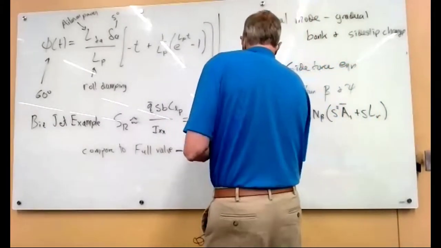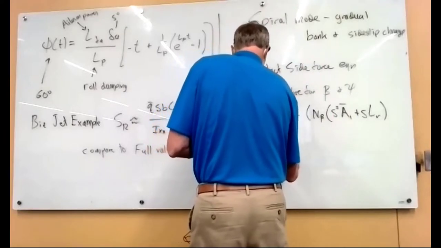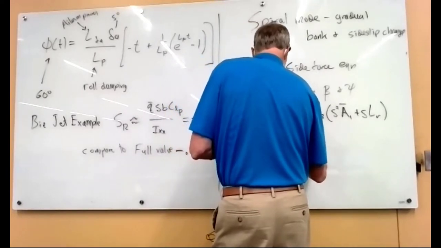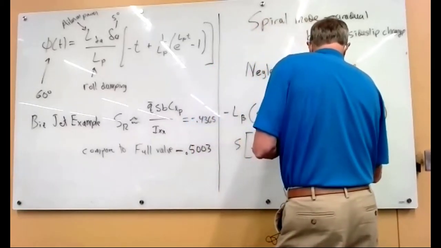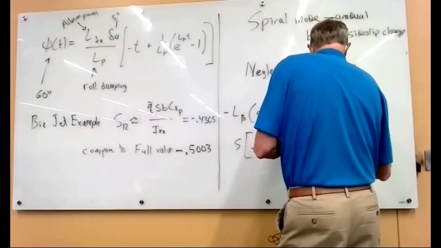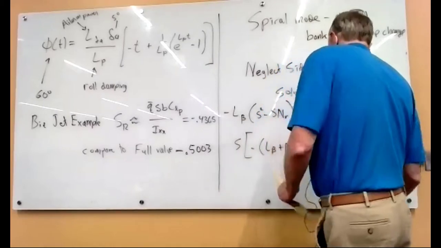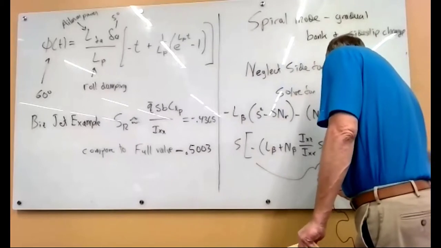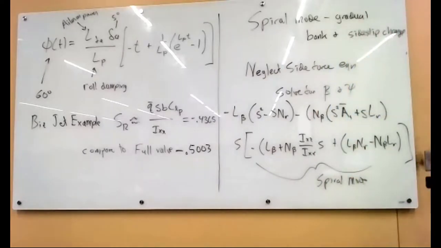And if we factor an S out of this thing, and then this is our first order mode here. So again, the spiral mode is just one real root. We get it from this thing here.